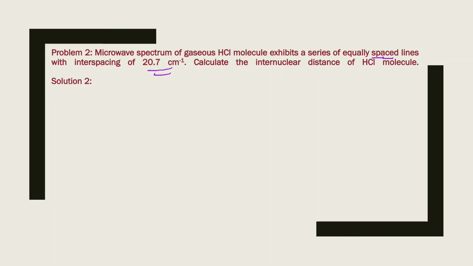This problem is somewhere or the other correlated to the one that we did in our previous video. So let's try and check out how much we have gained in the previous video. The formula that is supposed to be used for this problem is I, that is moment of inertia, is equal to h over 8 pi square b into c. And since the interspacing is given to us, that means 2b is given to us, which is equal to 20.7 centimeter inverse.